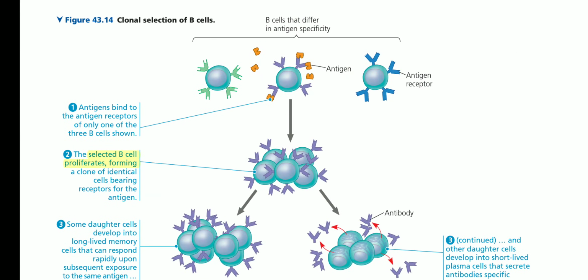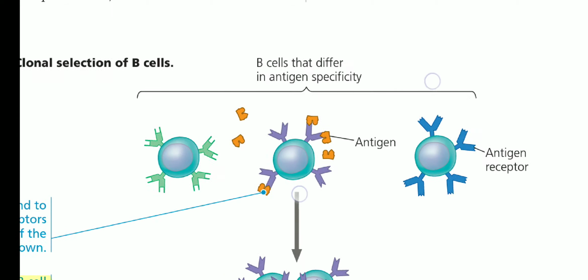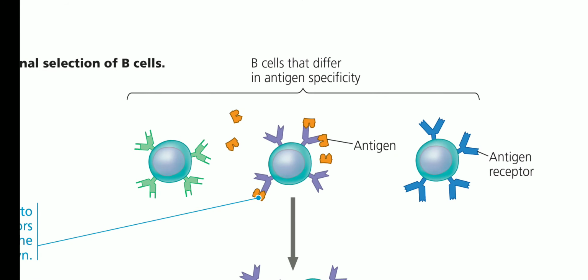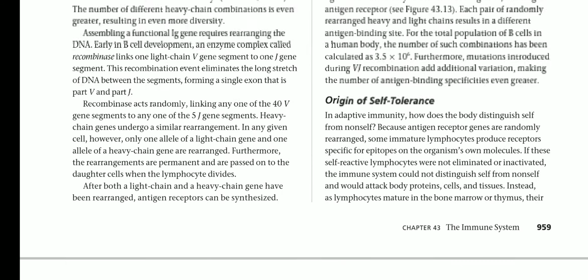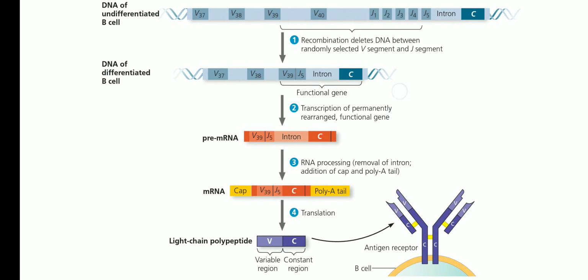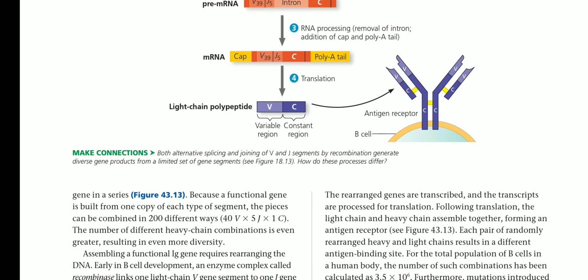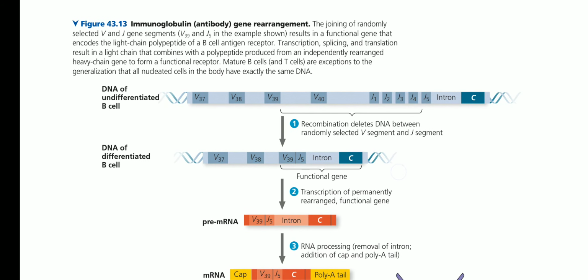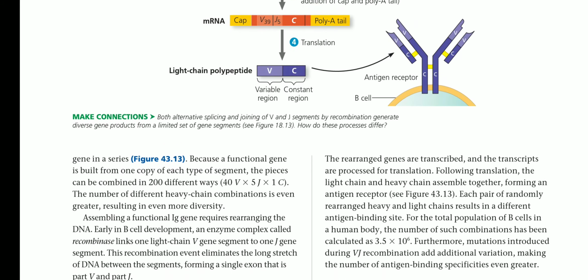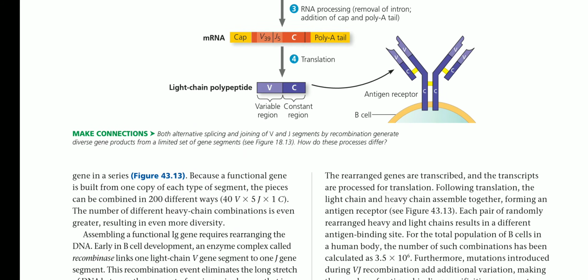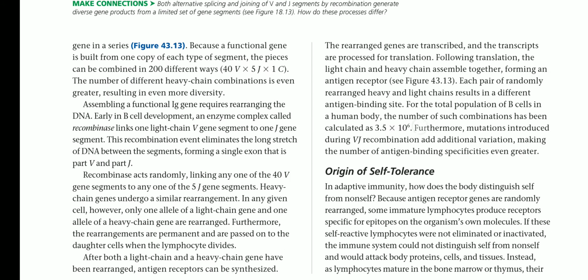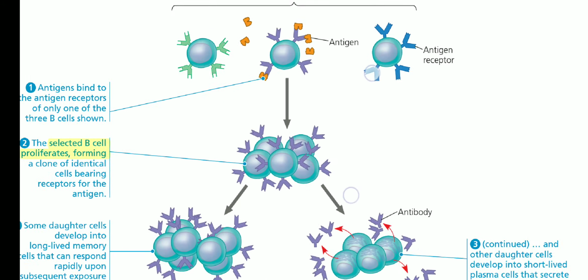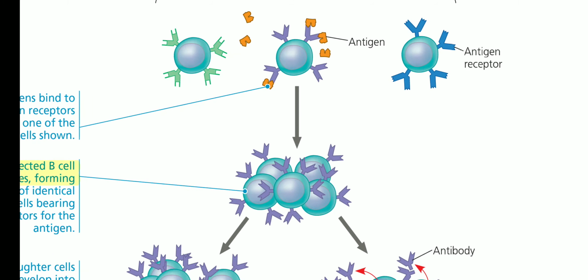Okay, so here's the important one. Inside the body there is variation in B cells because of differential recombination of those variable segments and functional genes which form these antibodies. Due to this recombination, it produces various types of antibodies, so the B cells in our body are also varied, having multiple receptors.